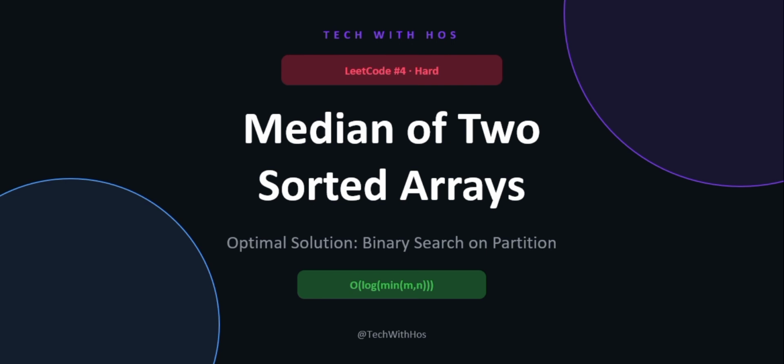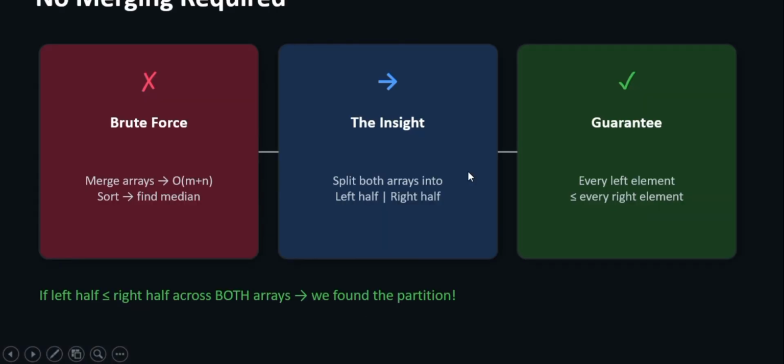The condition is that the left half size equals the right half size, and every element in the left is less than or equal to every element in the right. We achieve this using binary search on the smaller array. So no merging is required, because the brute force solution is not efficient.